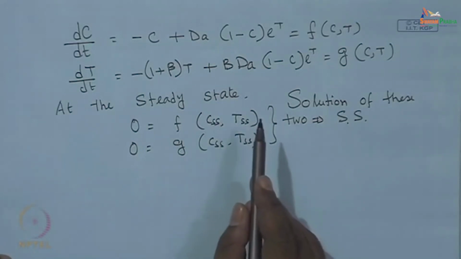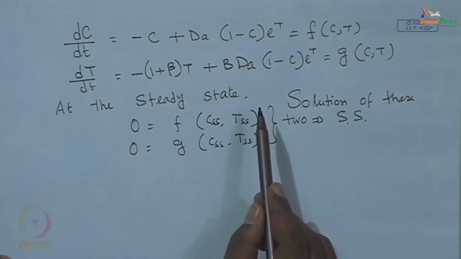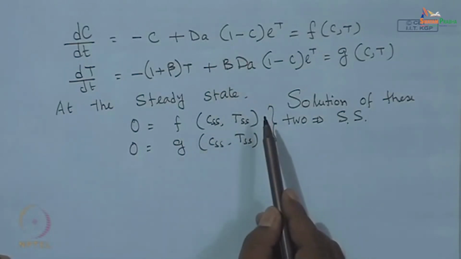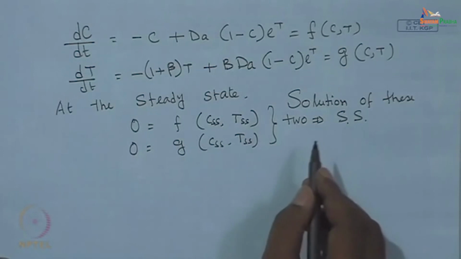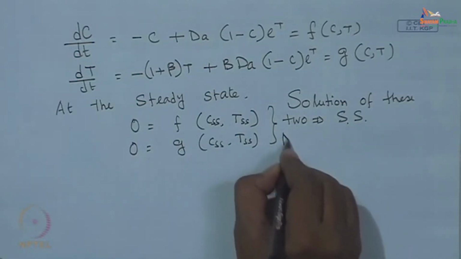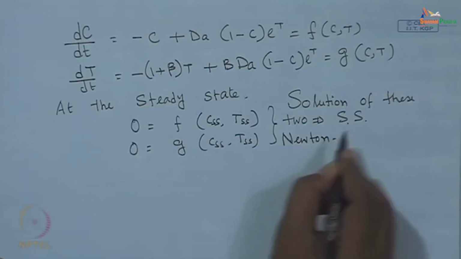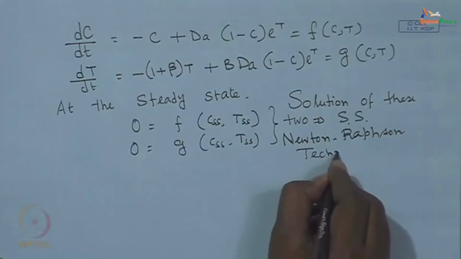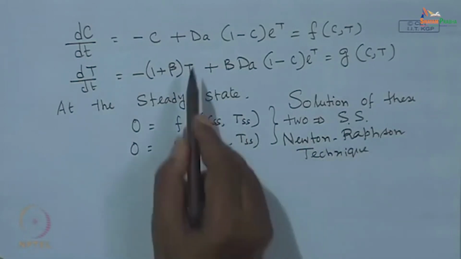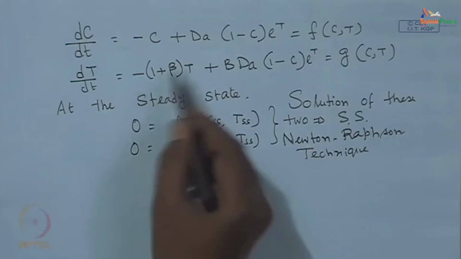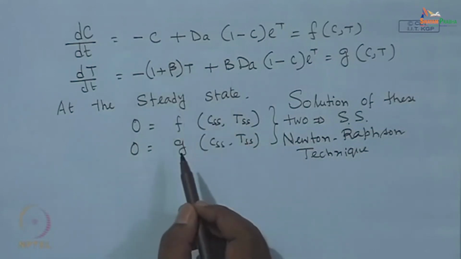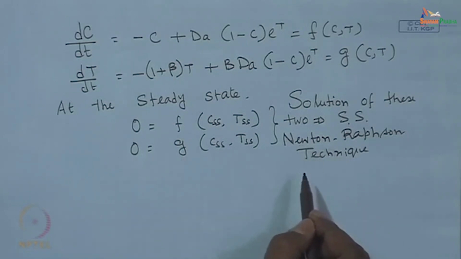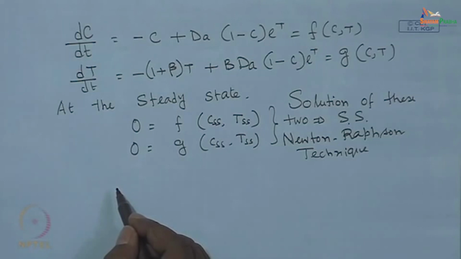Because these two equations are nonlinearly connected, one has to take recourse to an iterative technique, maybe the Newton-Raphson technique, given a set of parameters, to solve this set of equations numerically and get the steady states CSS and TSS.